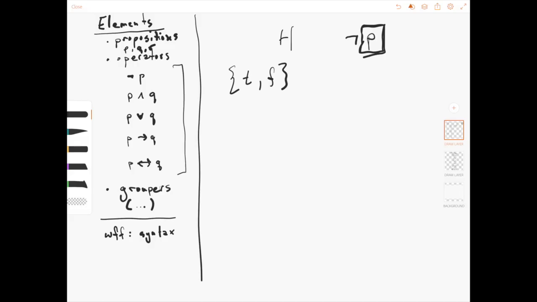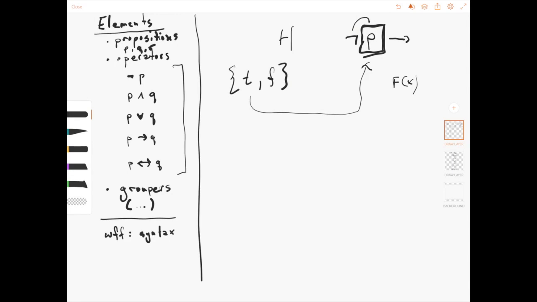So if we focus on this, what we realize is that depending on the truth value that we put in for P, the not is going to take that value, do something to it, and then give us an output value. That's essentially the same idea as the notion of a function in mathematics.